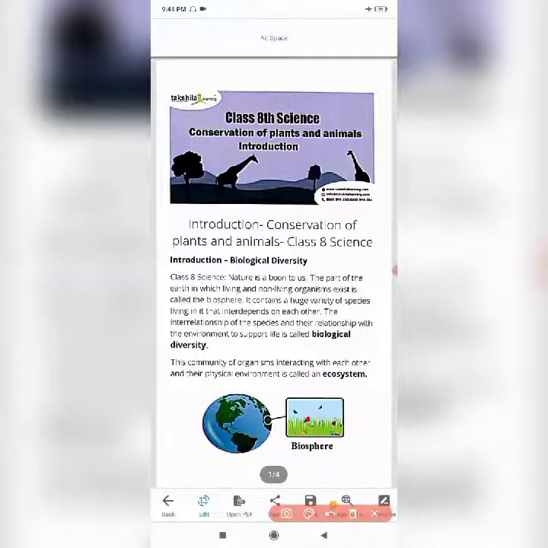In the introduction part of this slide, you are looking at early living organisms which are extinct now, and currently the extinction rate is very high as far as the existence of different living organisms on this earth is concerned.